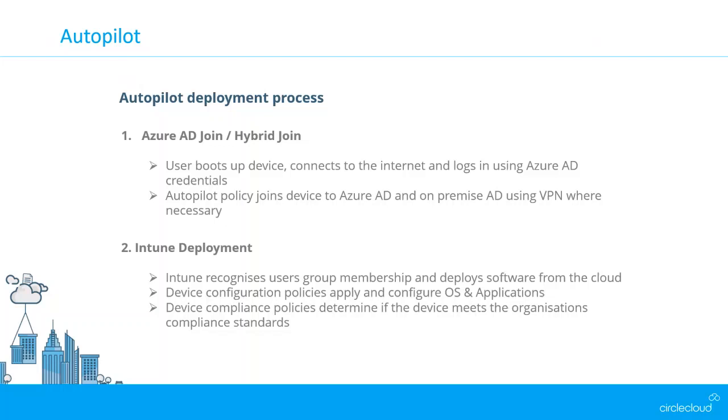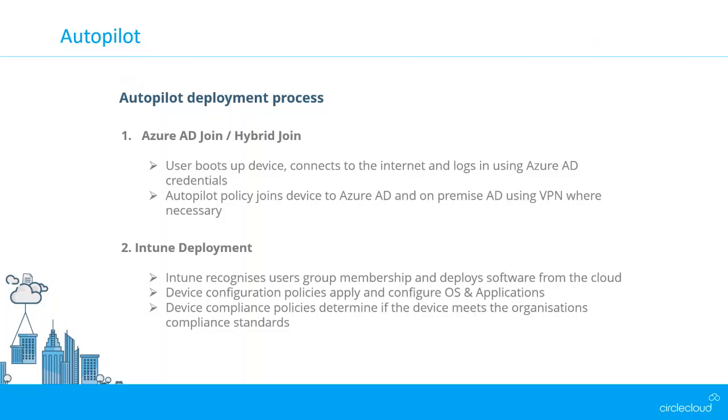So device configuration policies also. Once the user's got the software installed, the device configuration policies that we just showed you previously. So for example, if you've got Office configuration or some other group policies that you want, or VPNs to be pushed out to the device, or any control panel settings, all of those would be applied by Intune as part of the device configuration policy.